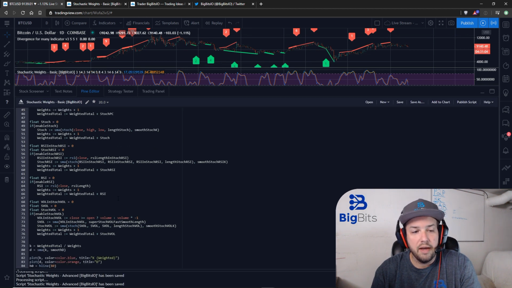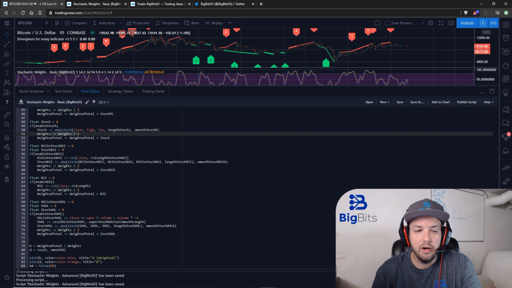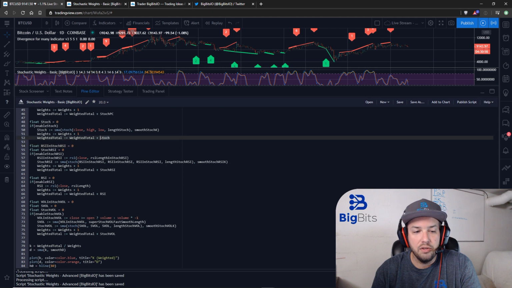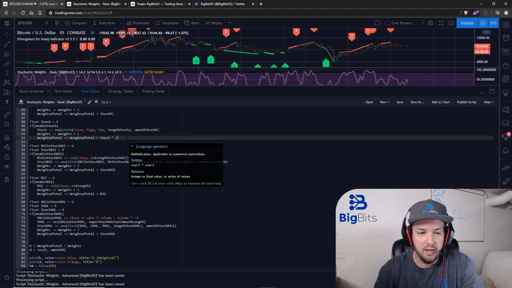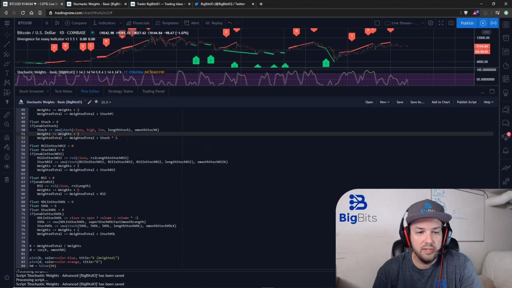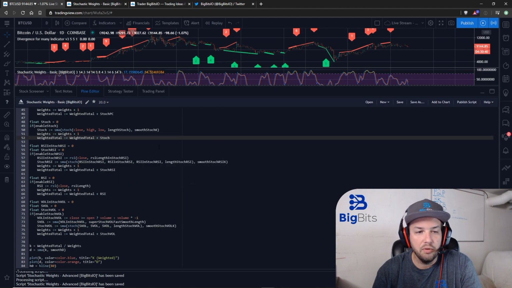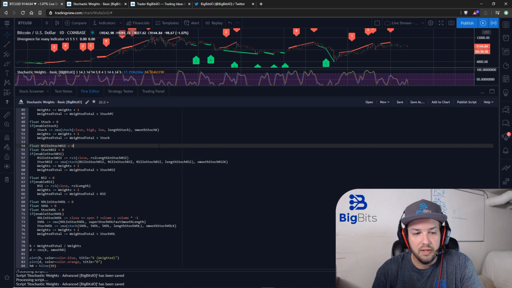But once we have calculated their value, we add 1 to our weights for each indicator, and then we add its value onto the weighted total already. Now, we would multiply this by how much the weights are, but since this is only weighted 1 time, we don't really need to add the multiplication in there. It's just kind of useless code in this case. So this is how we're doing it.